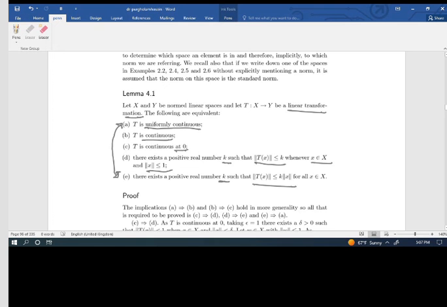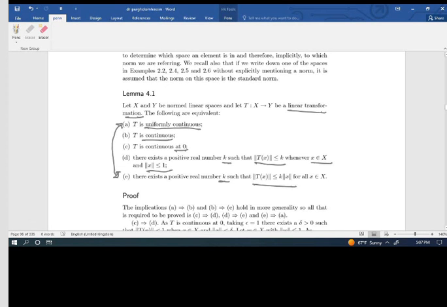These conditions are equivalent, so T is continuous if and only if T is uniformly continuous, or T is continuous on all of X if and only if T is continuous at just one element, 0, for example.